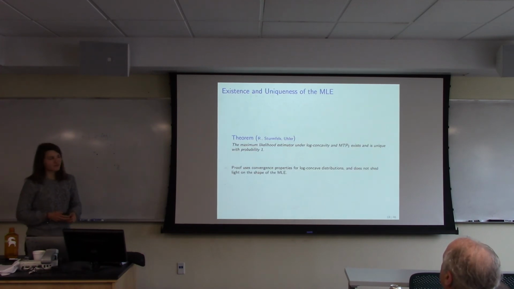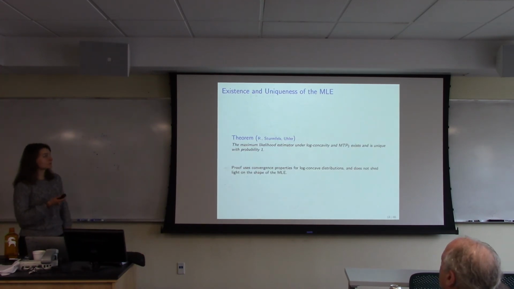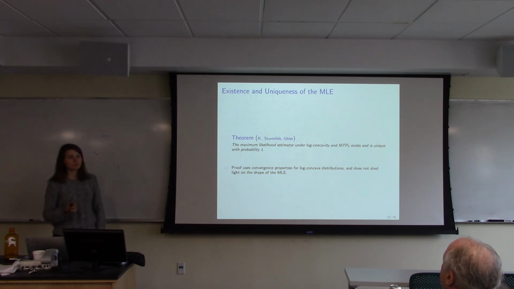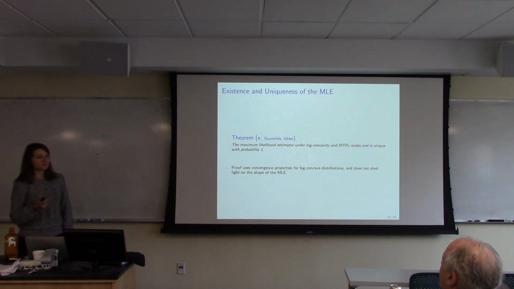Okay, so we'll start with the first question. Existence and uniqueness, we were able to prove the same result. So the MLE under log concavity and MTP2 exists and is unique with probability 1. The only difference is that our proof is very different from the log concave one.